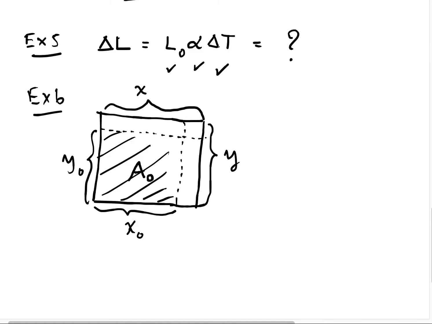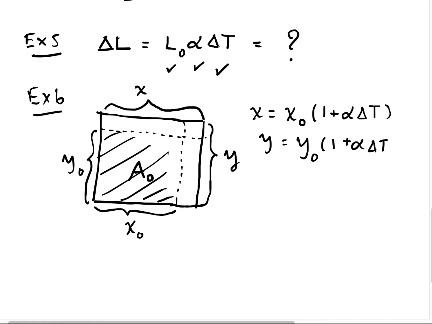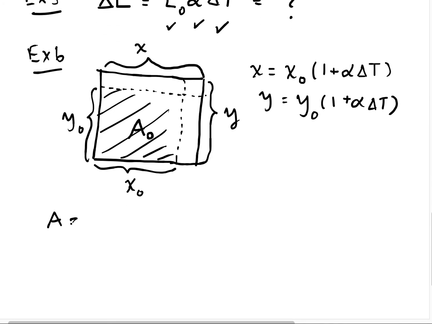So in this case, you can find the x, the distance after the heating, by x0 times 1 plus alpha delta T. And on the other side, you can find the y from y0 times 1 plus alpha delta T. And then if you want to find the area of this rectangle, you can simply multiply x by y.